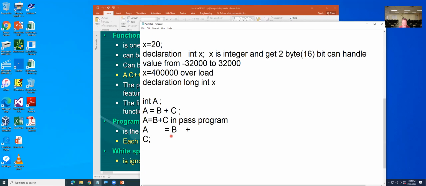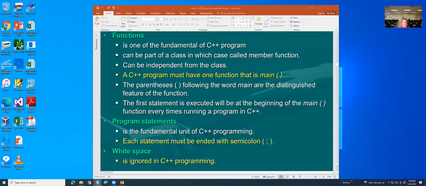A equal B. And you can skip the space. You can go to the next line, that'd be fine. However, the end must be a semicolon. If you don't have a semicolon, you get an error. Okay?